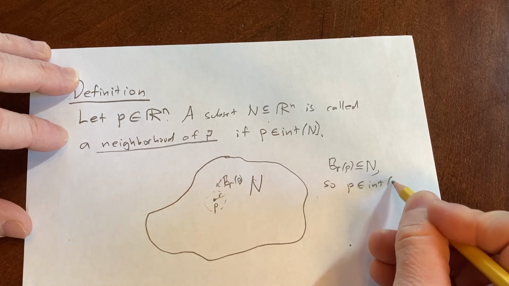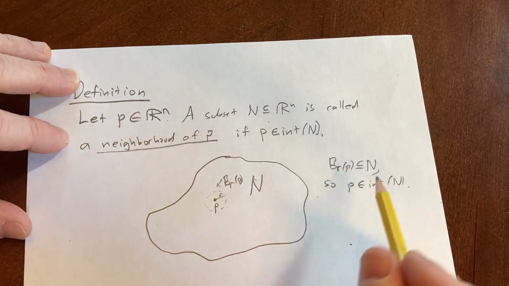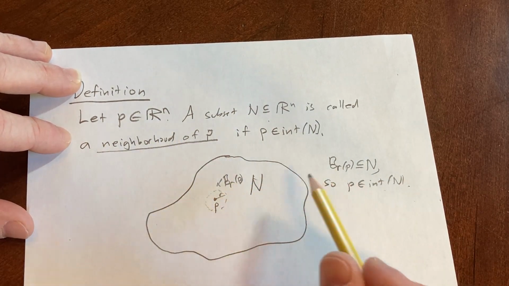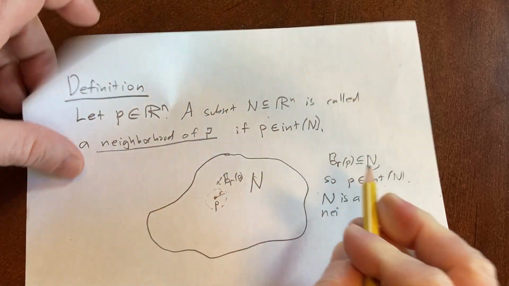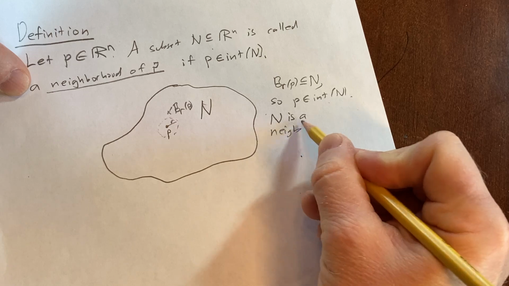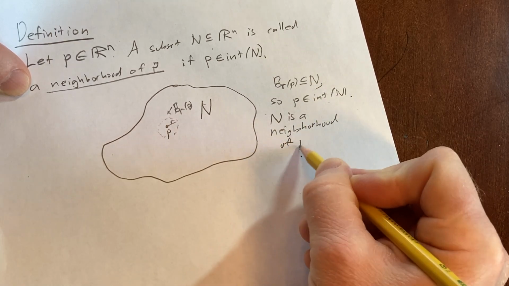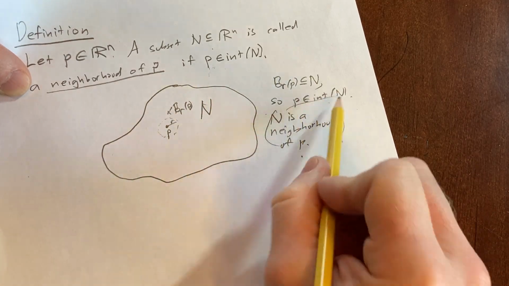It's an interior point, right? And so what does that mean? That means that N is a neighborhood of P, right? Because P is in the interior of N.